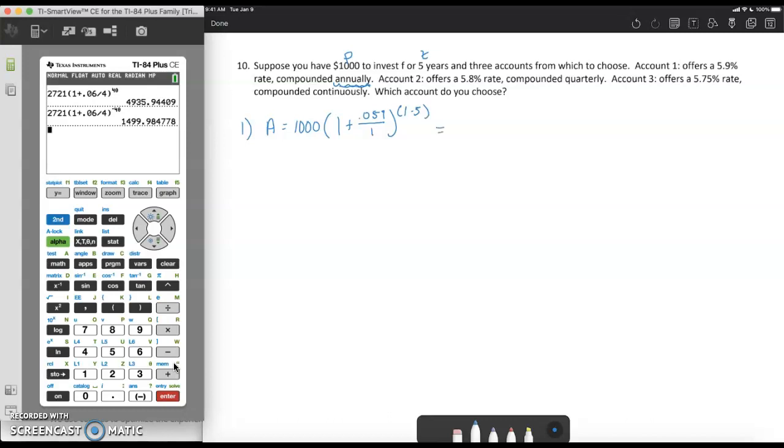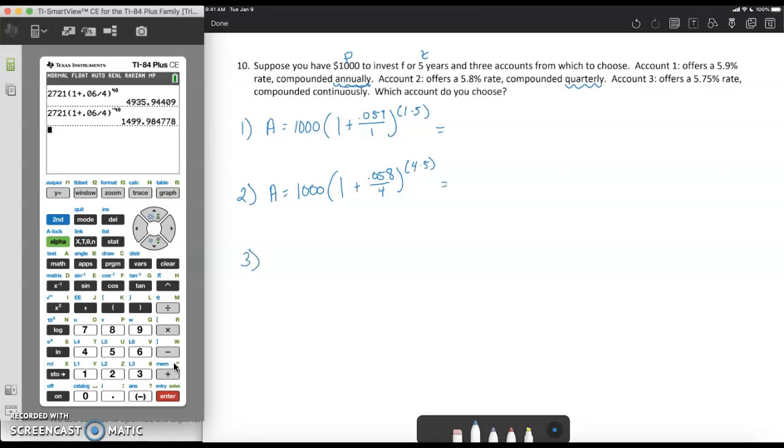I'm going to set them all up and then go back to them. Account 2 is the same type, so A equals 1,000 times the quantity 1 plus 0.058 this time, and then compounded quarterly, so 4, and then to the 4 times 5 power.